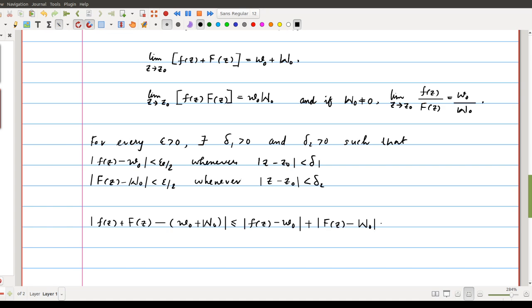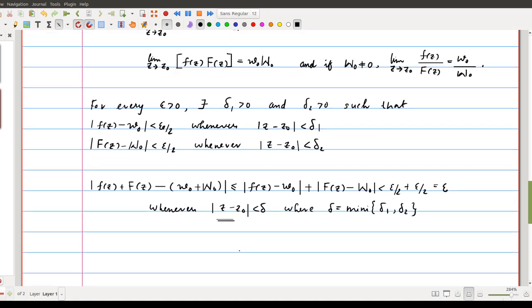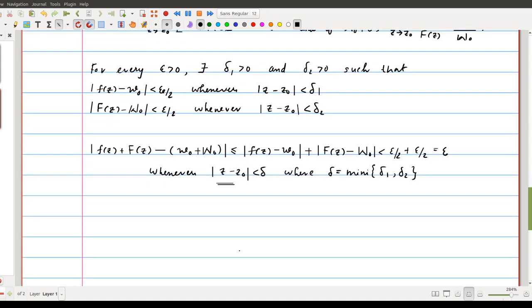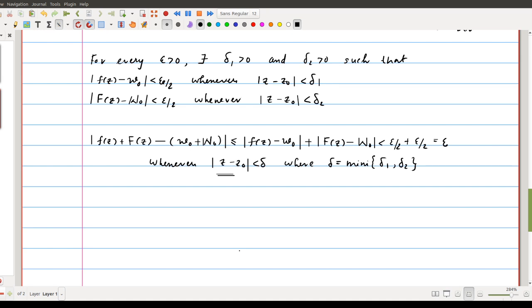And this is less than epsilon by 2 plus epsilon by 2, which is in fact epsilon, whenever modulus z minus z naught is less than delta, where delta is equal to the minimum of delta 1 and delta 2. So this proves the first rule, which can also be called the sum rule of limit.